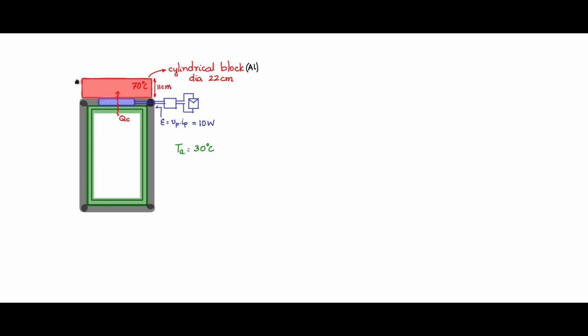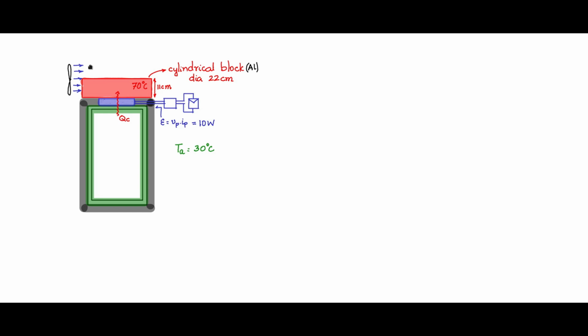Now let us see what happens if we include the fan and make it a forced cooled system. So let us now include a fan which is going to blow air like this, and we now have a forced air flow. So now it's a problem of forced convection.